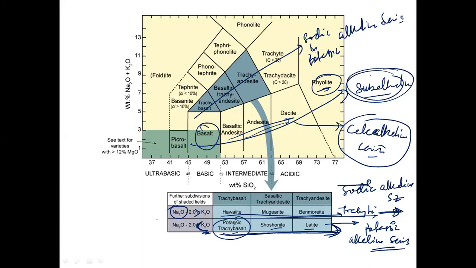Okay, and sometimes this is also come under the category of alkaline. So sometimes this is going like that, or sometimes this is going like that. So this path also come under the category of alkaline rock, alkaline magma series. ठीक है?